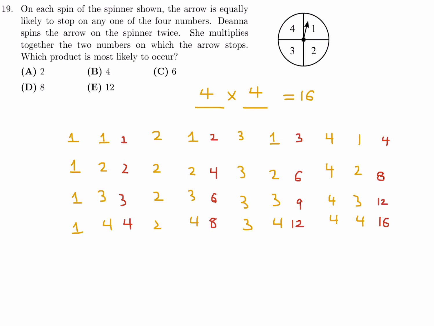Well, looking through this list, it looks like 4 appears 3 times, and I don't think any other product appears 3 times. A lot of them appear twice, but I think 4 is the only one that appears 3 times. So that's the product that's most likely to occur. So number 19, the answer is 4, which is B.